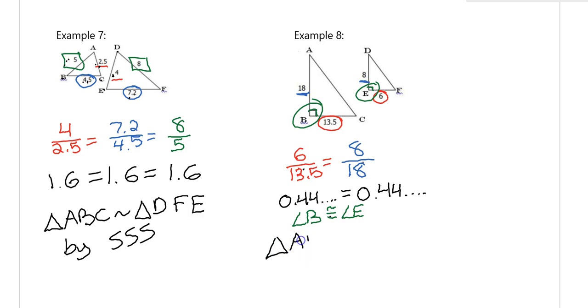So I have triangle ABC is similar to triangle... A between the line and nothing is D. D was my right angle, so E. And then C between the circle and nothing, so F. Okay. And for this one, we used side, angle, side. All right, sorry that one was a little bit longer. Go ahead and work on the activity.